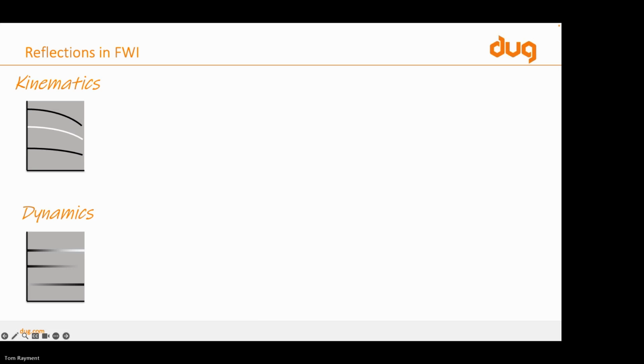Now, there are different aspects that we need to consider when we're using reflections in FWI. So typically with diving wave FWI, we're really interested in the kinematics, the movement of those diving waves, and trying to match our synthetic to our observed data and update our models accordingly. We don't tend to care too much about the amplitudes. We might use normalization schemes to deal with that.